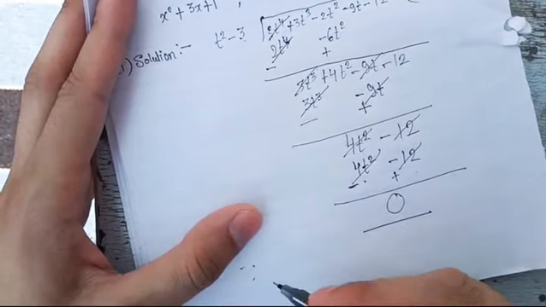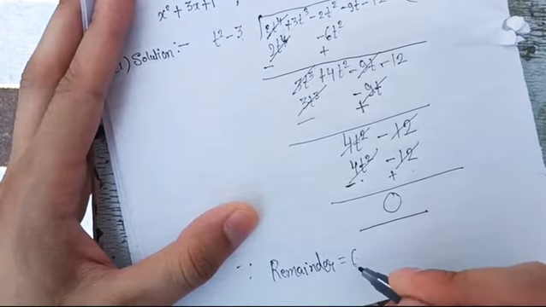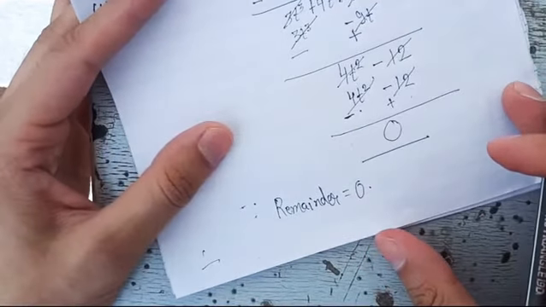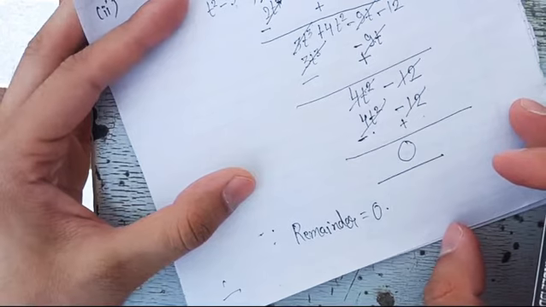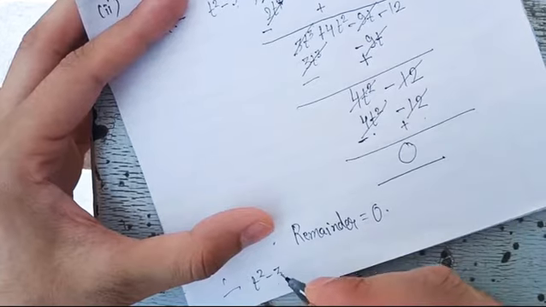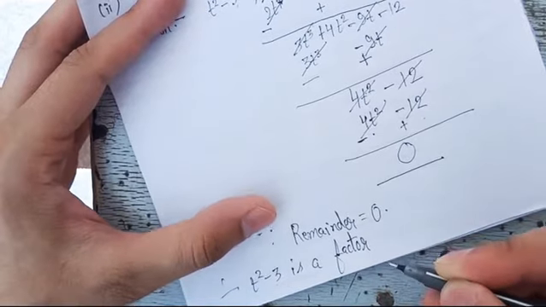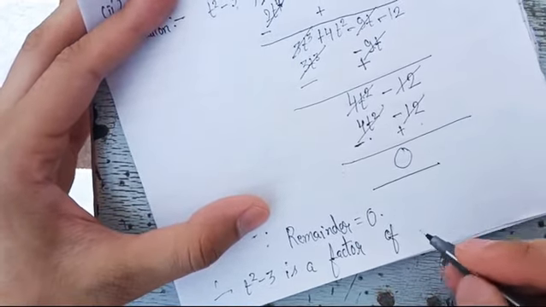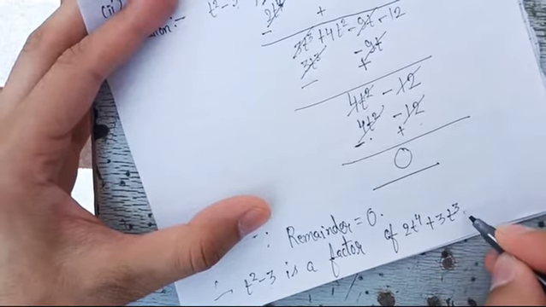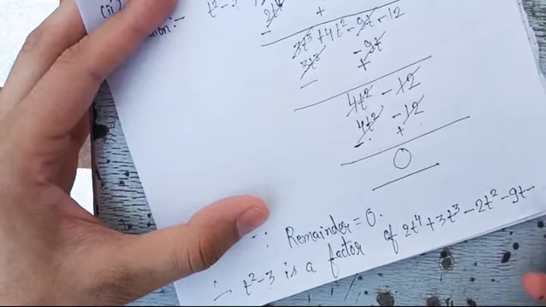Remainder is 0. So since the remainder is 0, therefore what we can say? t square minus 3 is a factor of 2t raised to the power 4 plus 3t cube minus 2t square minus 9t minus 12.